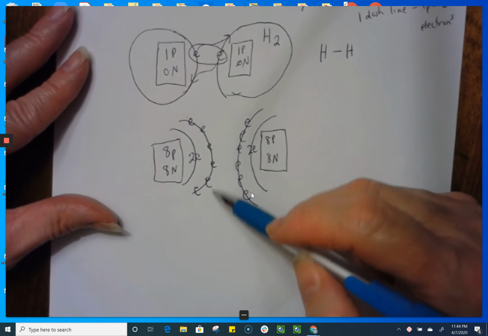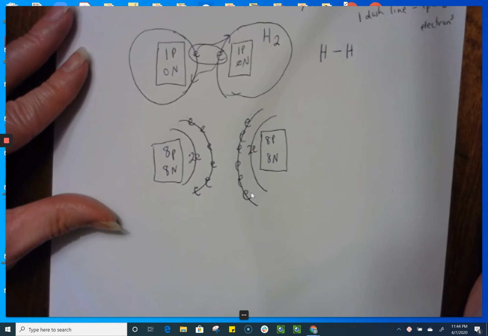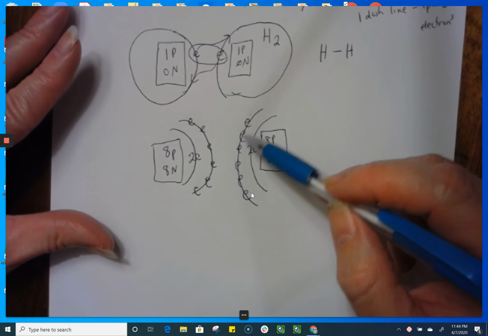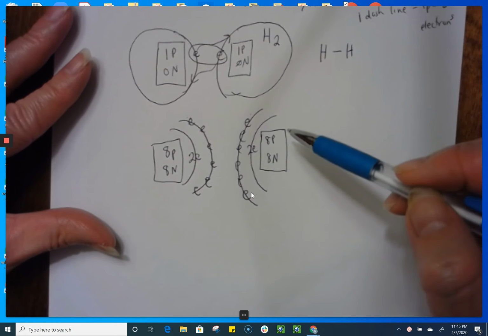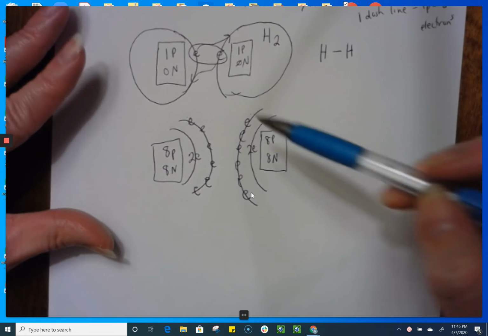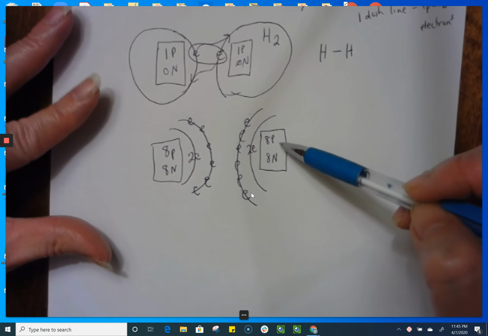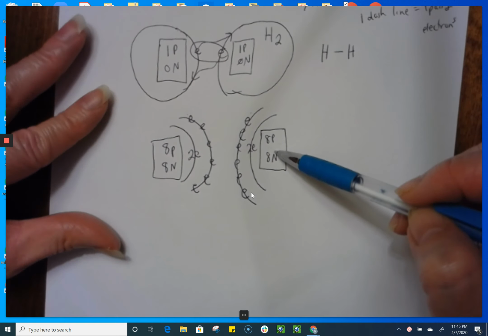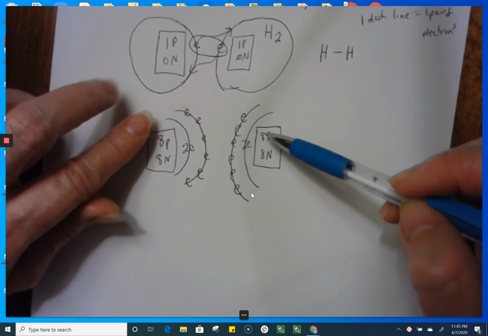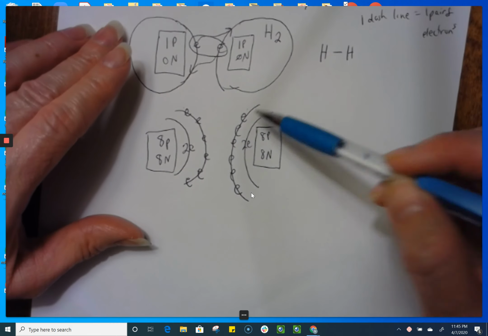So they both have 6 electrons in their outer energy level. If this one just gave this atom 2, this one would be stable and this one would not be stable. And because they're atoms of equal size, they both have the same number of positive charges, making an equal attraction for the electrons.